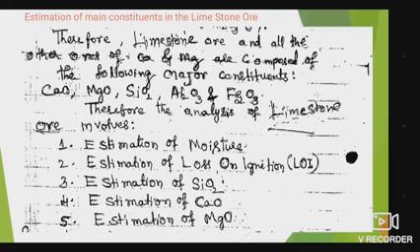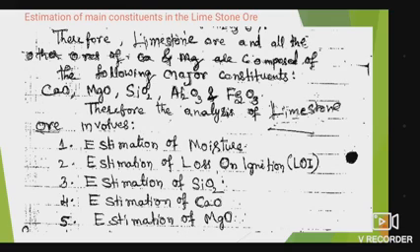Therefore, the analysis of limestone ore involves the estimation of moisture, loss on ignition, SiO2, calcium oxide and magnesium oxide.